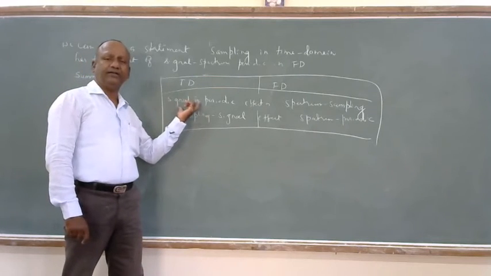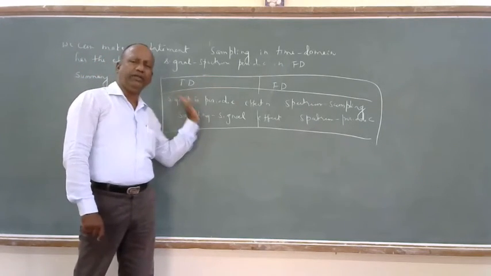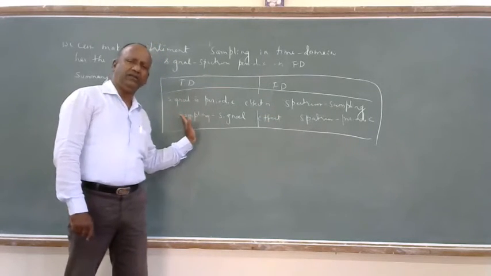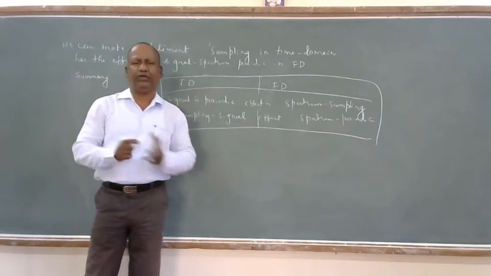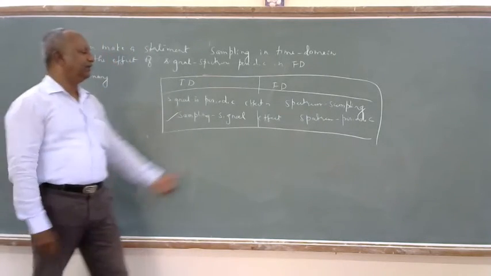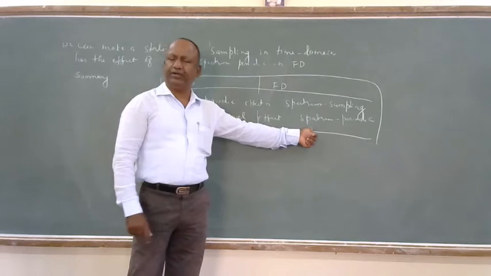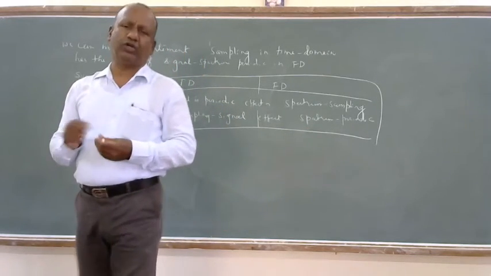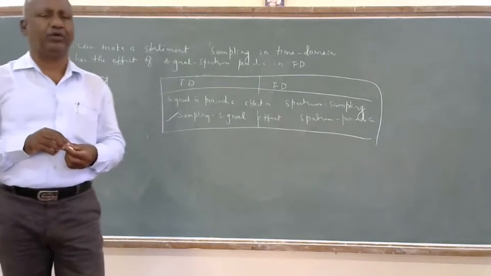Similar to that, if it is periodic in time domain, it is sampling in frequency domain; sampling in time domain, periodic in frequency domain, vice versa. So the topic, sampling in time domain making the spectrum periodic in frequency domain, is the topic of module 4. The starting topic of module 4 is what?